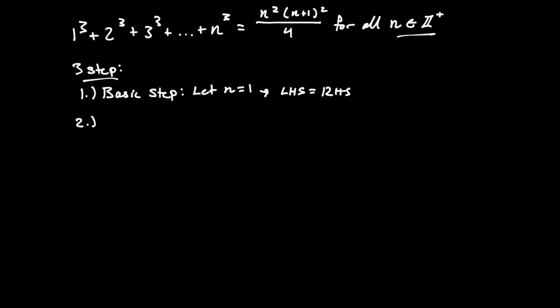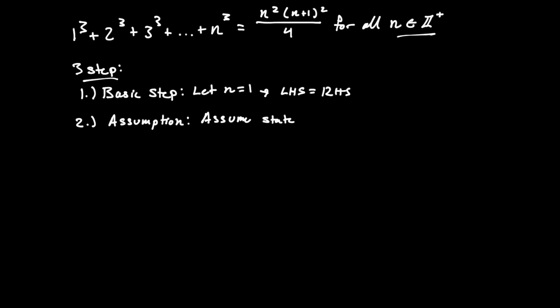The next step is the assumption. And it's kind of a hard concept to understand, but all we really do is we just assume that the statement is true for some value, right?